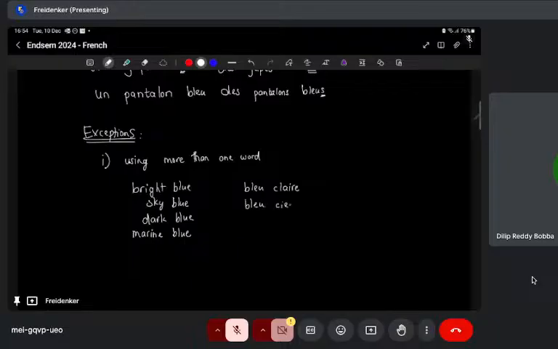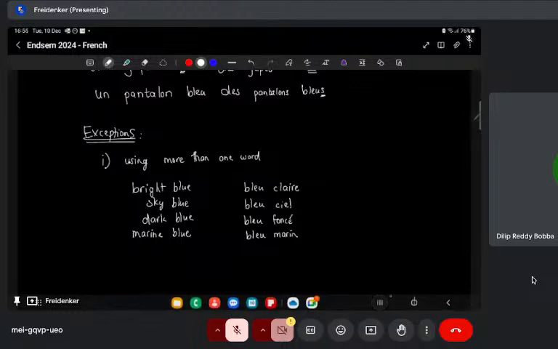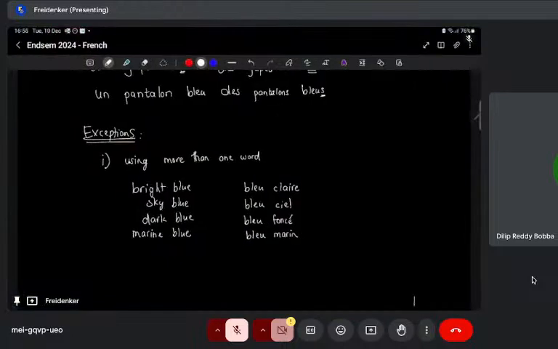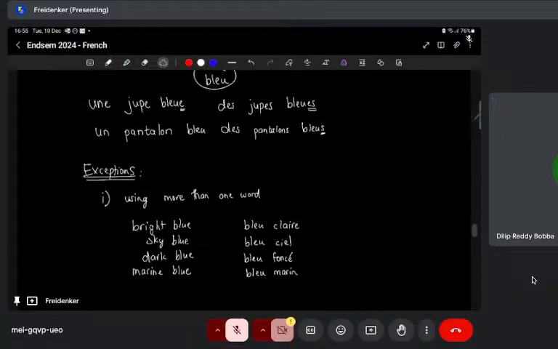So this is sky blue, and dark blue is bleu foncé, and marine blue is bleu marin. Bleu marin. So now I will use, let's say, sky blue, and I will try to write all of this.